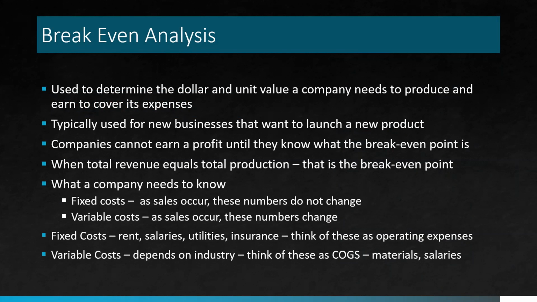As an example, if I'm Intel and I make chips and I sell 100 chips, I'm going to need more production material to produce those chips. But if I have rent that I have to pay at my manufacturing facility, that's a fixed cost and that will not change.